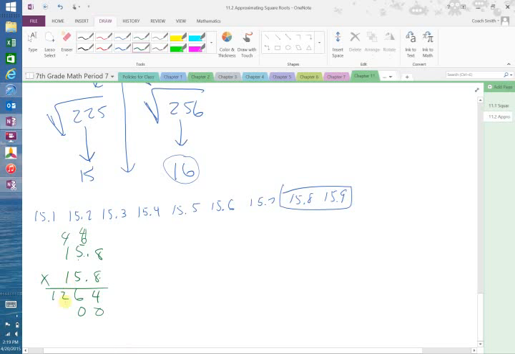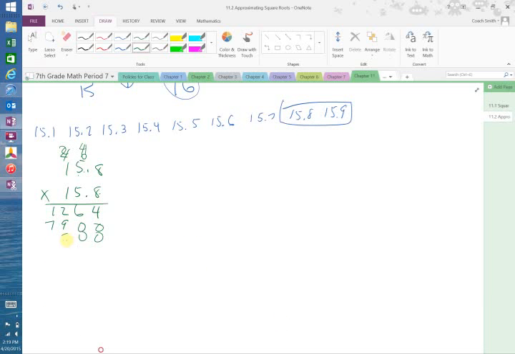Carry my 4. 5 times 5 is 25, plus 4 is 29, carry my 2. 5 times 1 is 5 plus 2 would be 7. Bring down 2 zeros. Adding up: that would be 249.64.